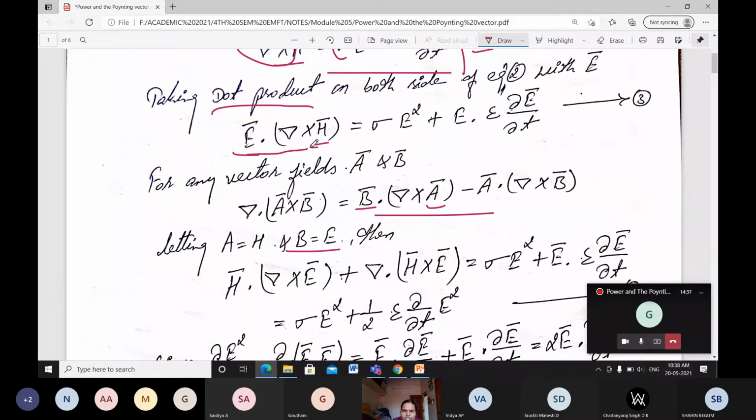The equation on the left hand side is nothing but the intermediate equation of this on the right side.